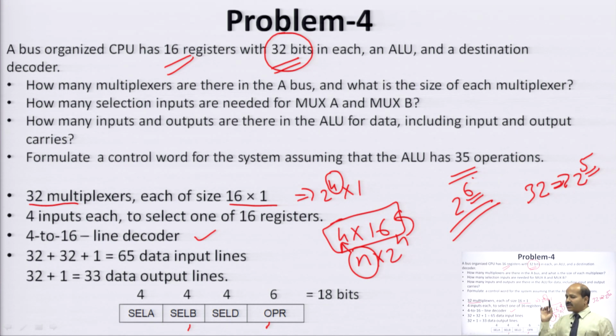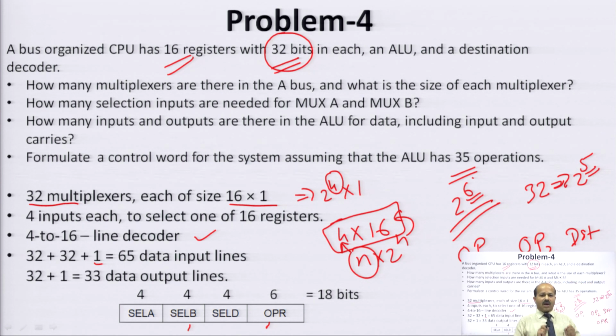One extra line for input and output is connected in that figure. If a particular operation is to be performed in the ALU, operand 1 and operand 2 are to be selected, the destination is to be selected, and the operation to be performed by the ALU.